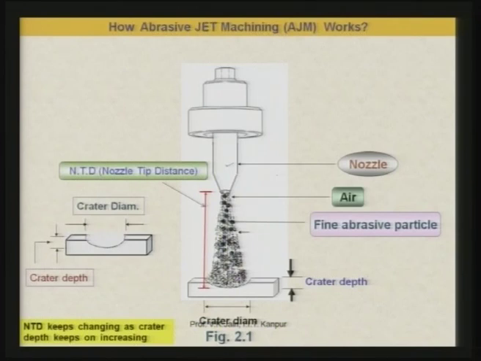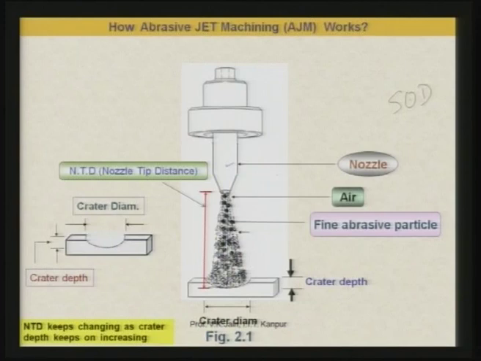The distance between the tip of the nozzle and the workpiece surface, where the abrasive particles are hitting, is known as nozzle tip distance NTD, or it is also known as standoff distance SOD. Normally, it is written as SOD.